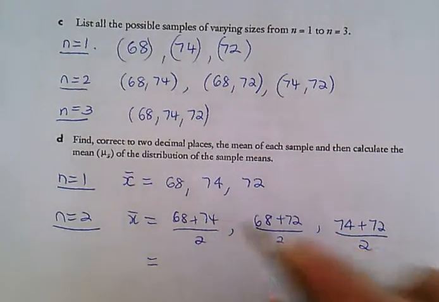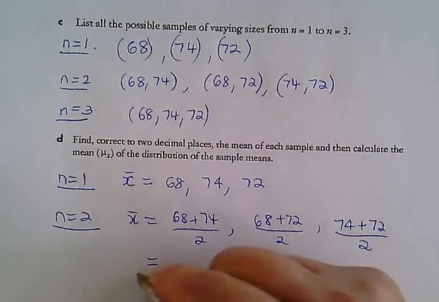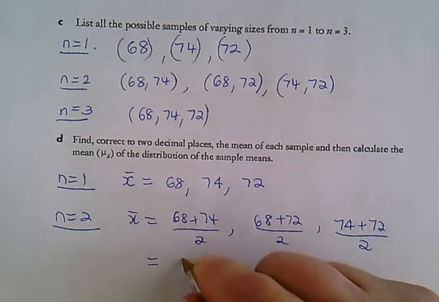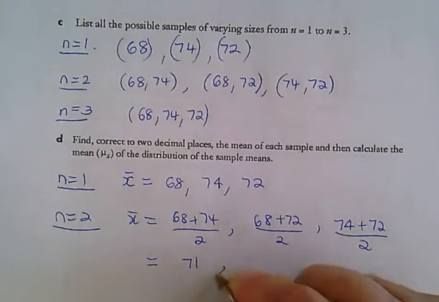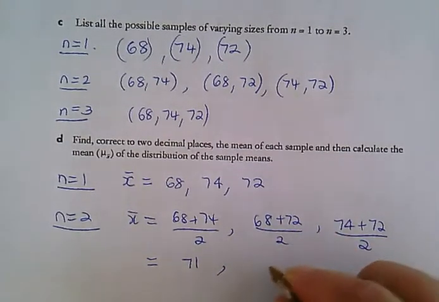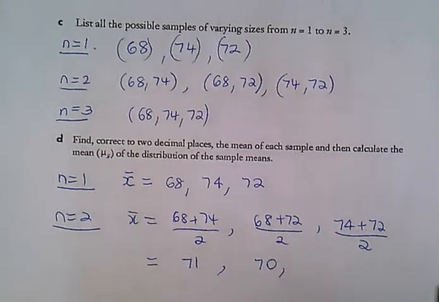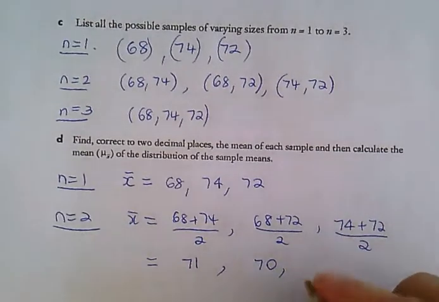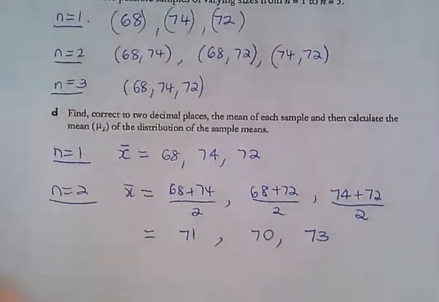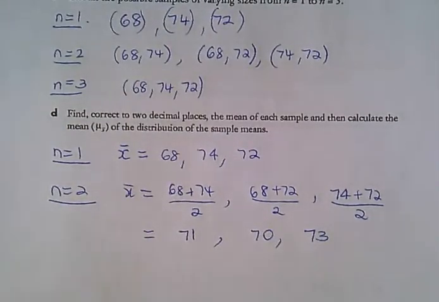The average of 68 and 74, what's that one? Is that 71? And the average of 68 and 72 should be 70. And the average of 74 and 72 is 73. So you can do them on your calc, but they're actually not that hard.